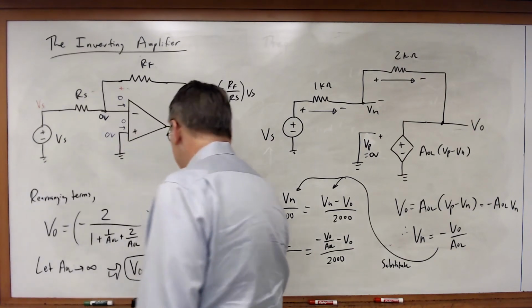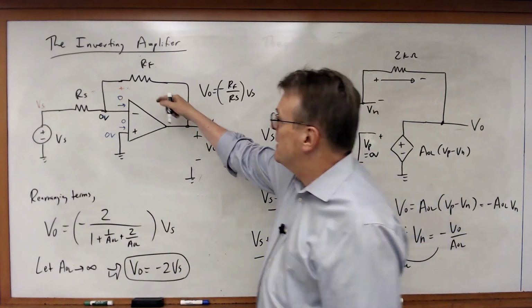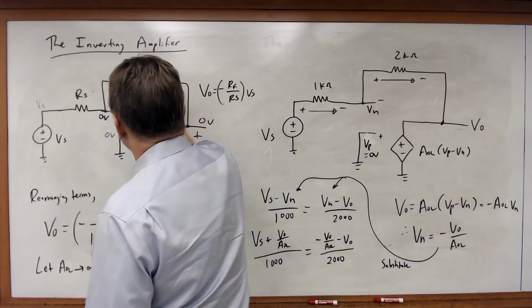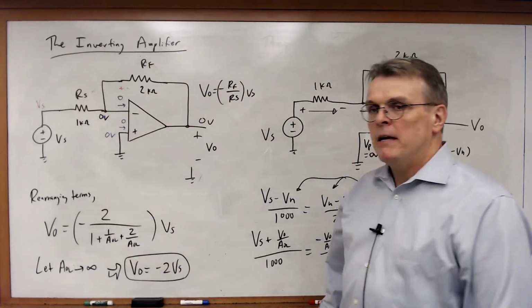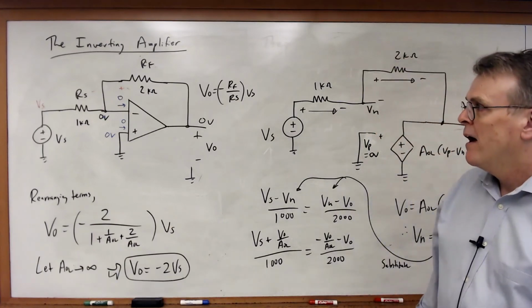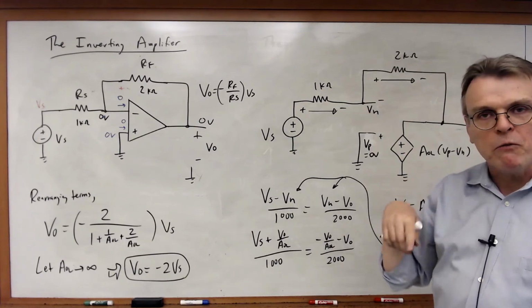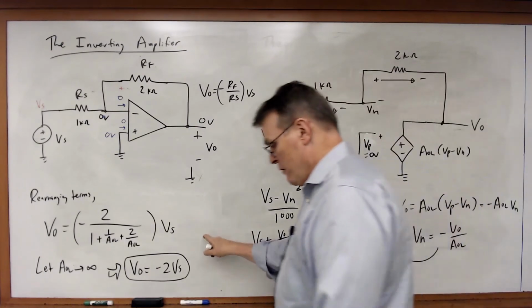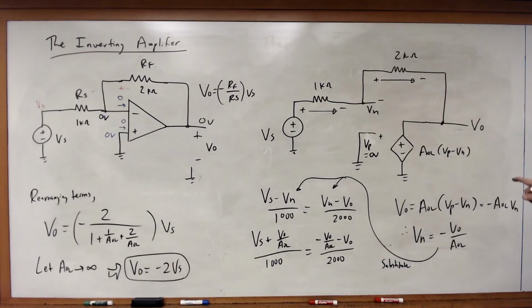So I get exactly the same expression that I got when I did the 3 rules and applied it to this circuit with 2K and 1K for my input and feedback resistors. So I'm still getting my minus 2, the same thing I got with the 3 rules with the op amp. Furthermore, looking at this, we see that over here, Vn is equal to minus VO over AOL.